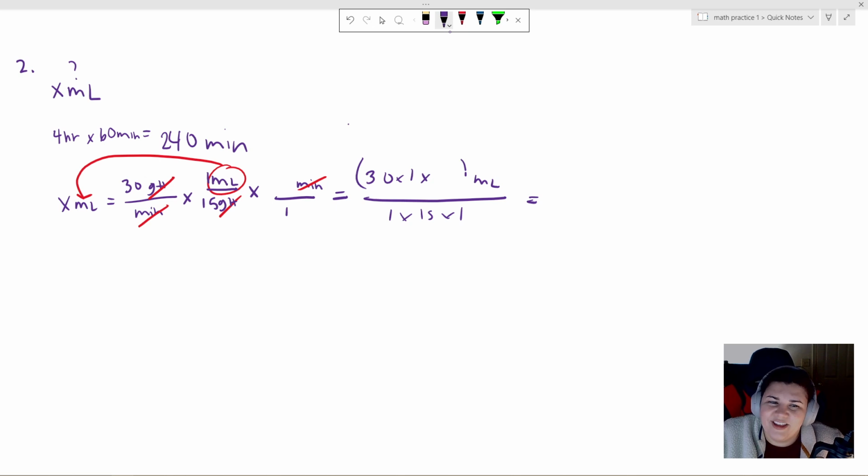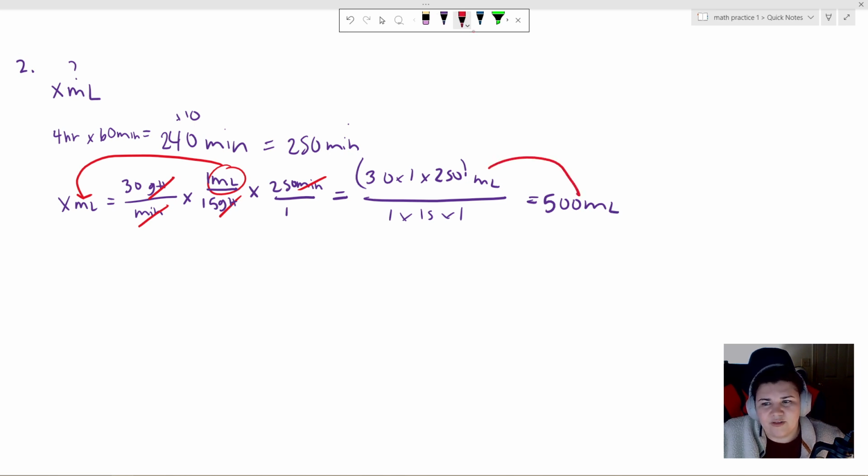Okay, so 4 hours times 60 minutes plus 10 gives you 250 minutes. So you end up with 30 times 1 times 250, and then you end up with 15 on the bottom. That gives you 500 milliliters. There's your unit. It transferred. So there you go. There's your answer. Good night. My brain is so tired. Sorry, guys.